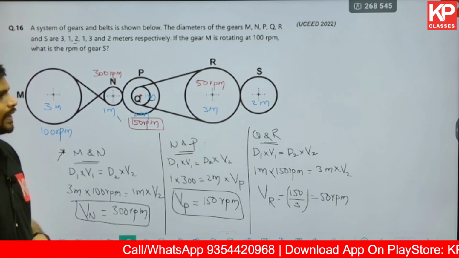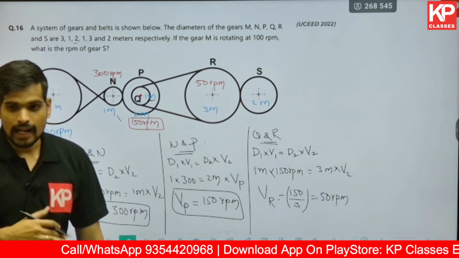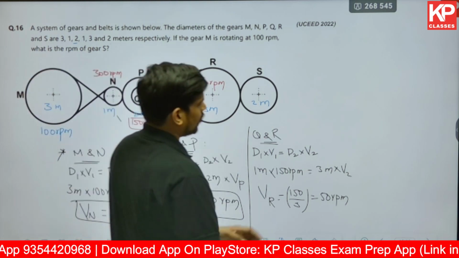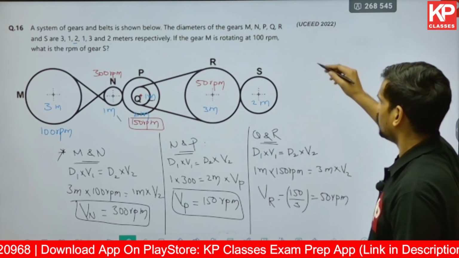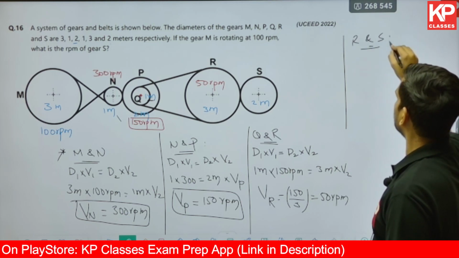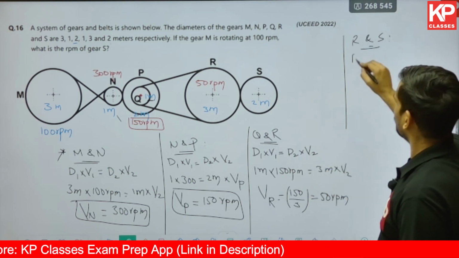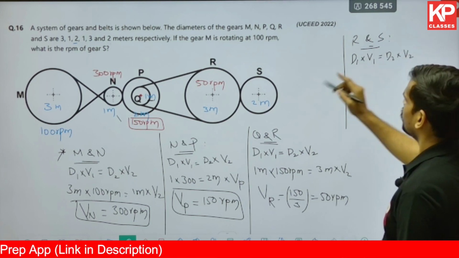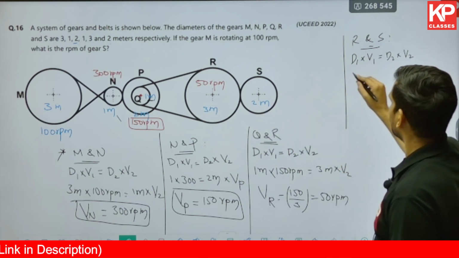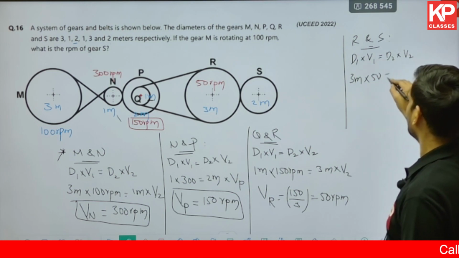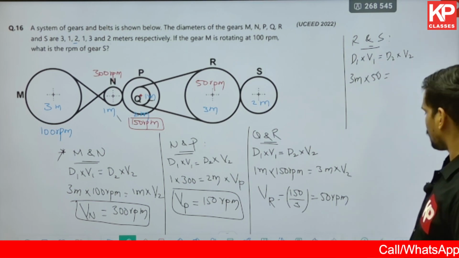The last set is for R and S; the driver and driven concept you apply again. Let me write that over here. I'll do the last set of calculation over here. R and S, apply the same concept. d1 into v1 is equal to d2 into v2. The driver has a diameter of 3 meter. What is the rotational velocity of the driver? It is 50 rpm.